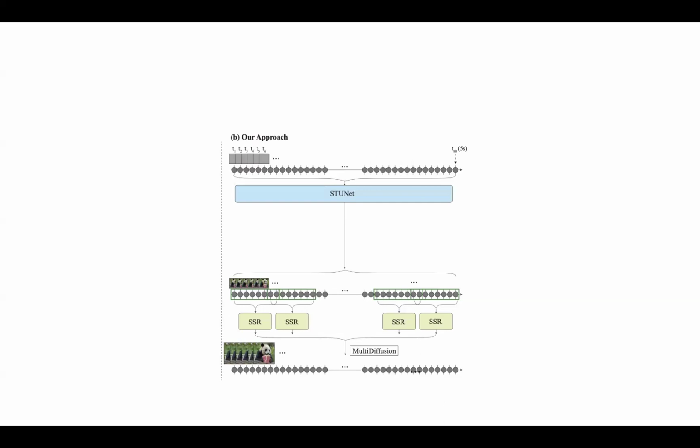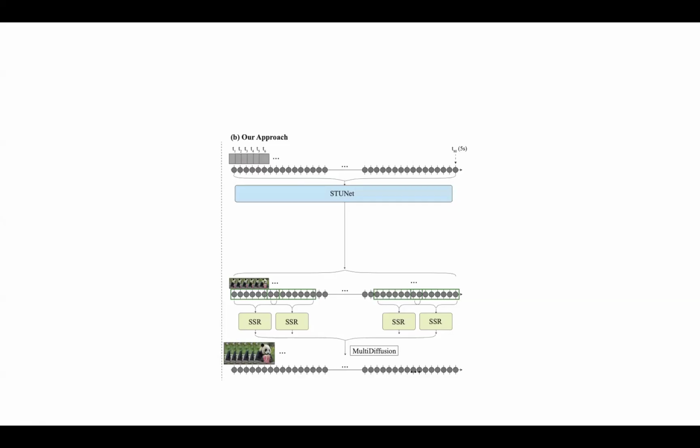One thing they have done is use something called multi-diffusion. This is a whole different topic in itself, maybe for the next discussion. We can discuss this multi-diffusion. This is very interesting because if you denoise these images separately, and since the spatial super resolution models are based on diffusion, there is a probability of inconsistency somewhere.